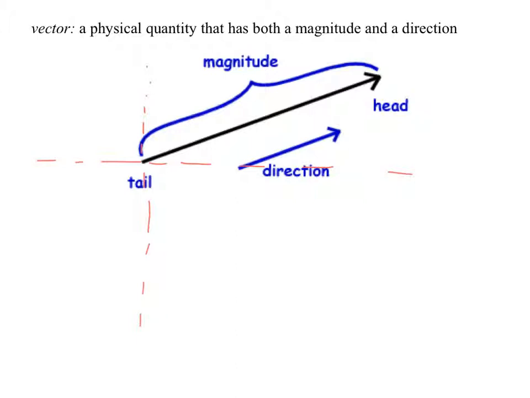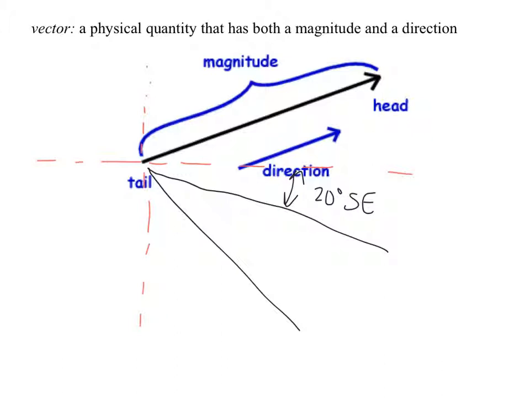So if you said, for example, 20 degrees southeast, well, I'd go southeast, and I'm pointing to this quadrant right here. 20 degrees southeast, so 45 is something like this. Splits it in half, so 20 would be less than half of that. So this might be the angle right here. Between there and there, that would be 20 degrees southeast.